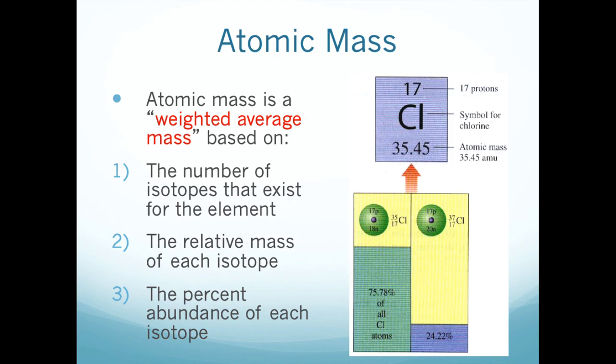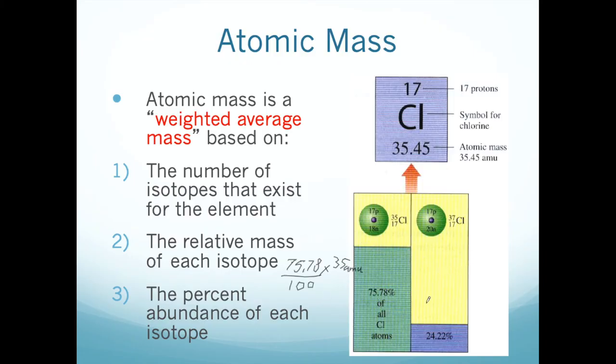So in this example, we would take 75.78 over 100, because that's the percentage, and multiply it by 35 atomic mass units, which is about the mass of our chlorine-35. That gives us the contribution from that chlorine.